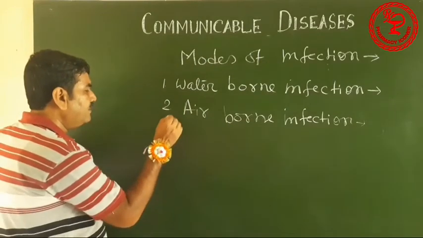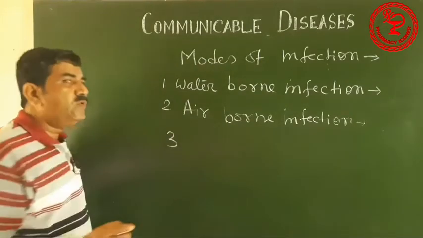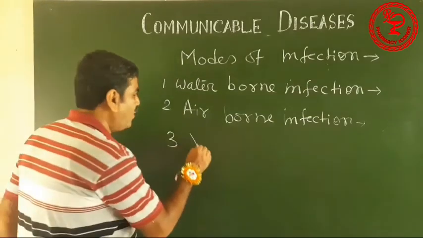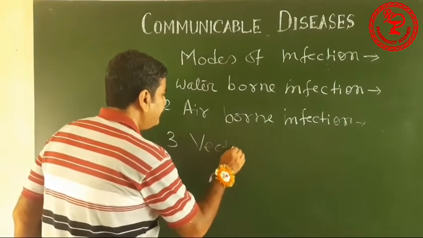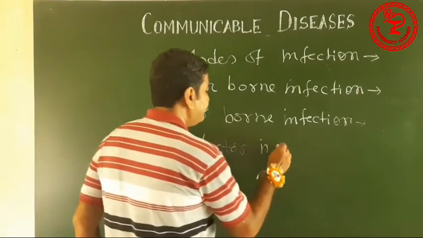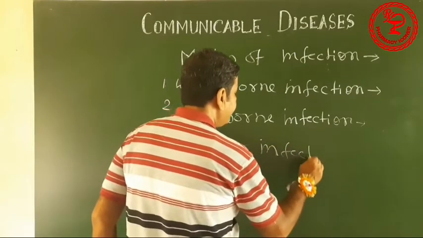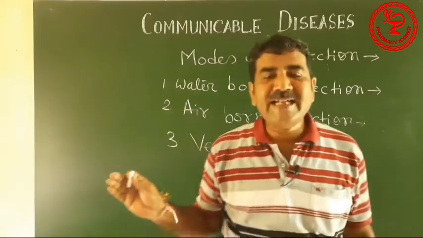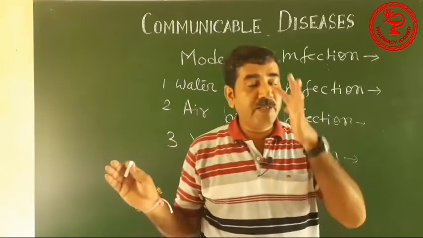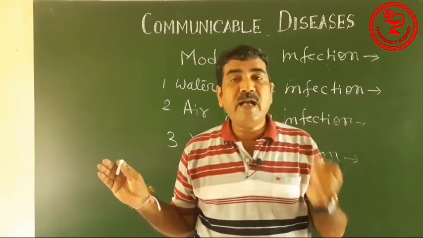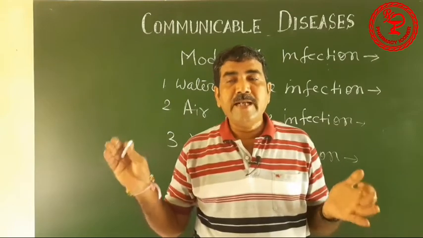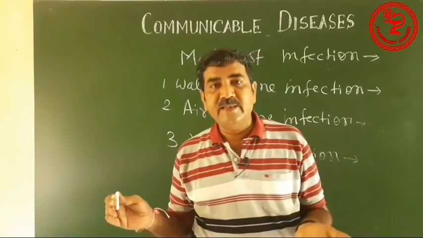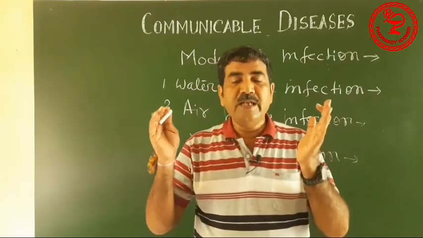Some are transmitted through different animals and insects. That is called vector infection. Some diseases are not directly transferred from one person to another. Instead, an intermediate insect or animal carries the infectious agent.